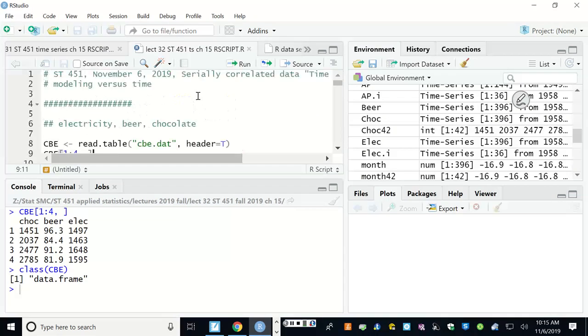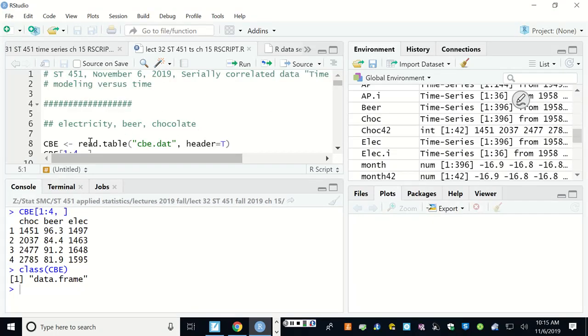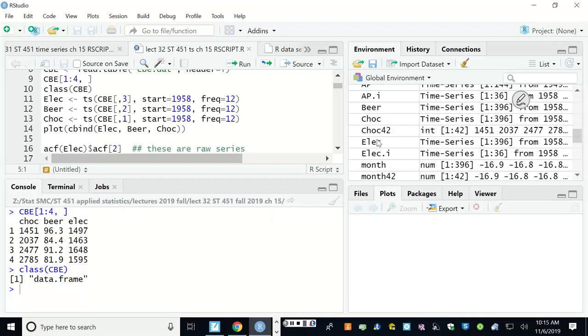One data set records the demand for electricity, beer, and chocolate in Australia, I believe, during a certain time period beginning 1958. The data set is actually just a basic table, and you read it in, and it doesn't have any inherent time series structure.